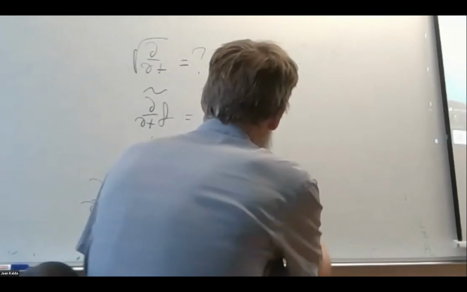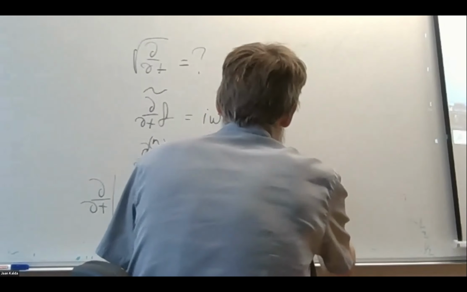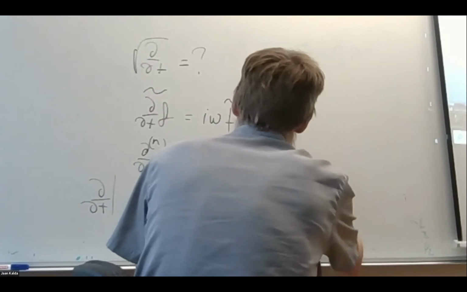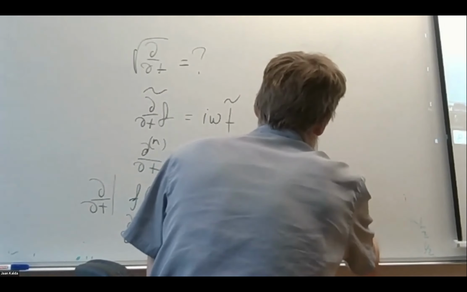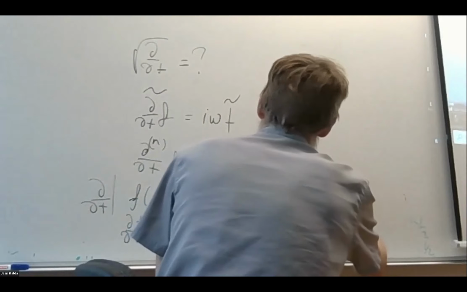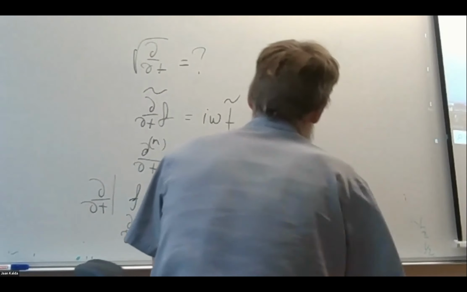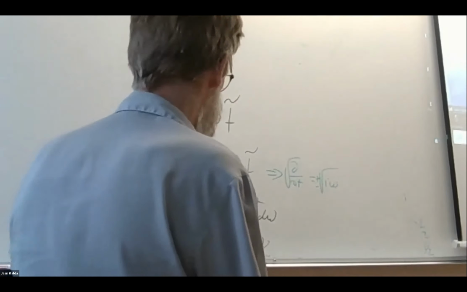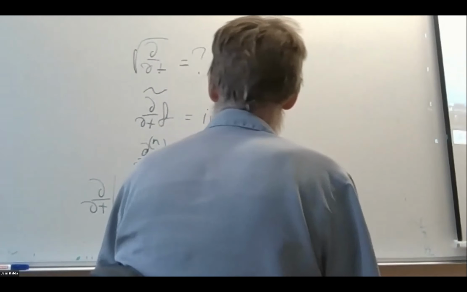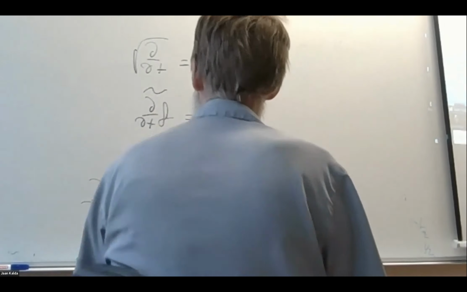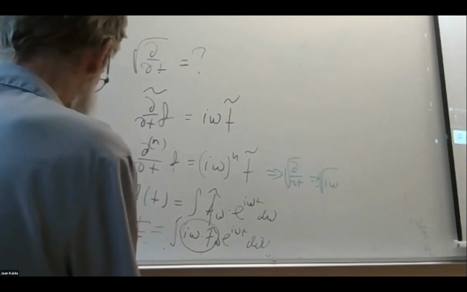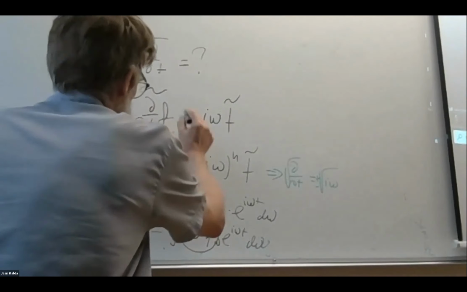All right, and now from here we can easily generalize that the square root of d over dt is the square root of plus minus, something like i omega. I forgot to put the Fourier transform sign.